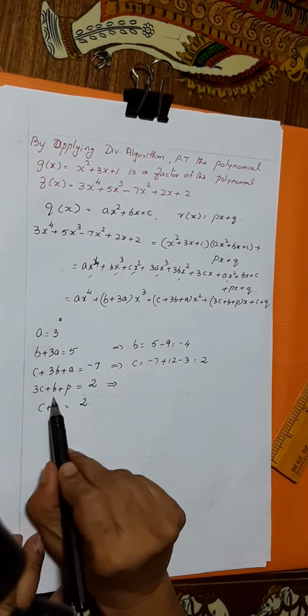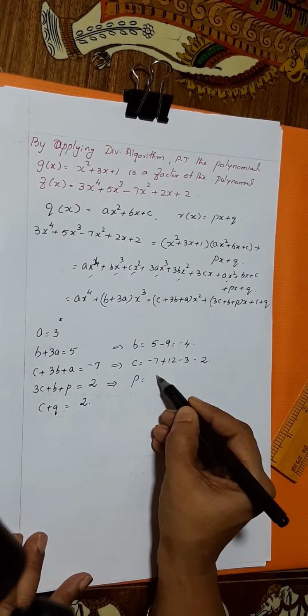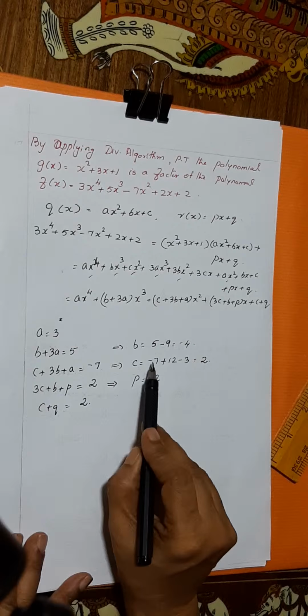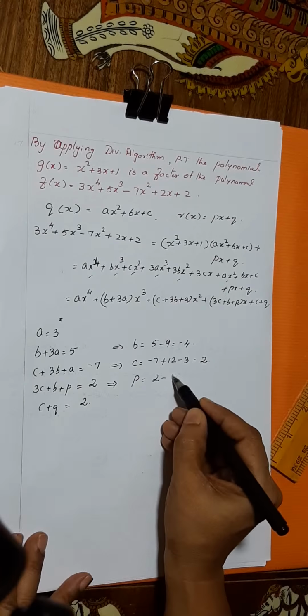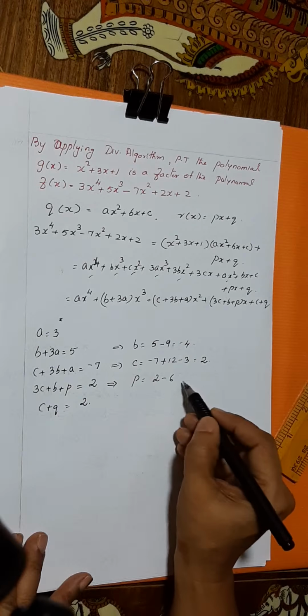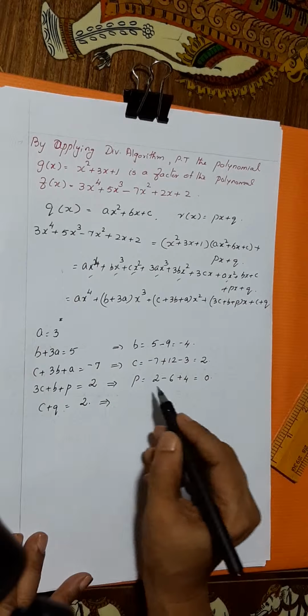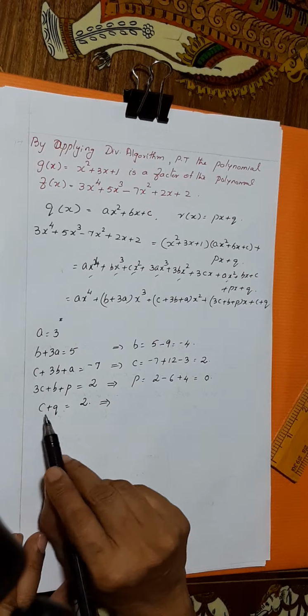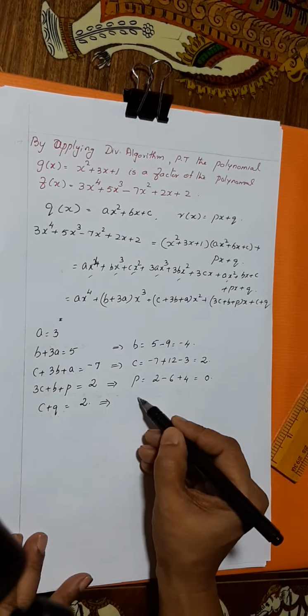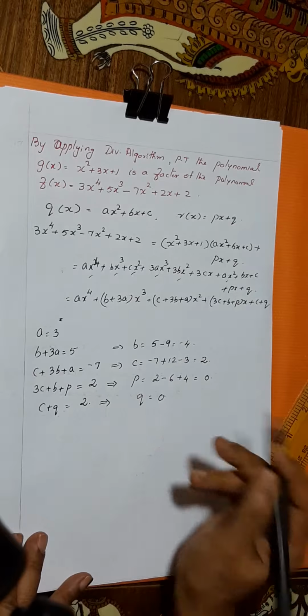So now substituting these, p is equal to 2, c is 2, 3 into 2 is 6, so -6, b is -4, so +4, so p equal to 0. So c plus q, c is equal to 2, so q is equal to 0.